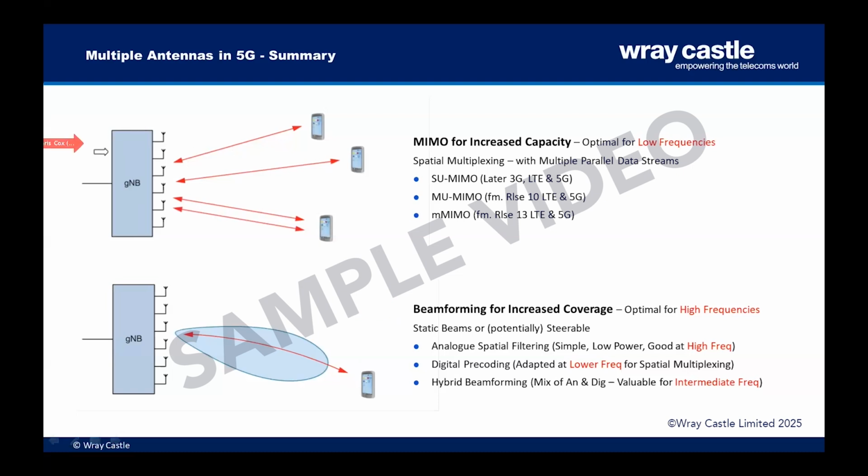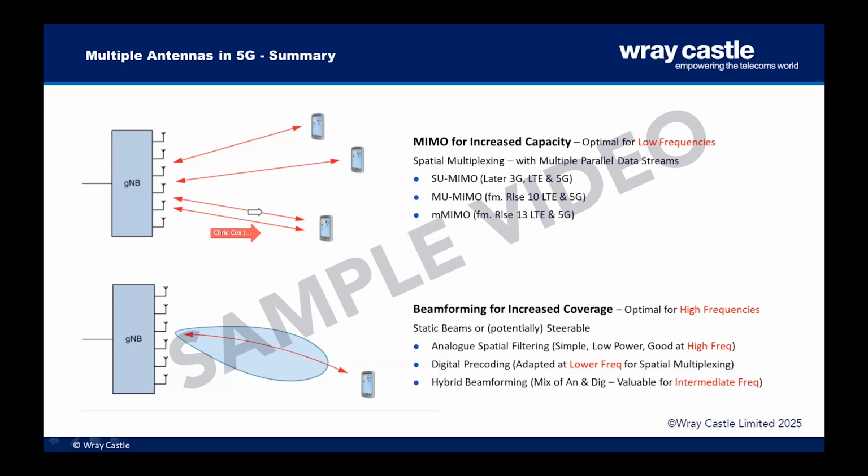MIMO, multiple input, multiple output antennas, is a slightly different technique. Here, we will set up multiple streams of information called layers, which can be sent in the downlink on the same radio frequency and at the same time, thereby improving the capacity of the system.